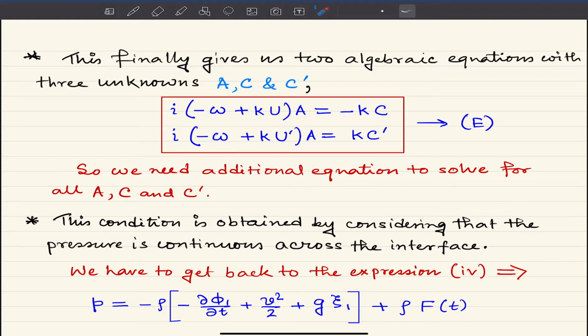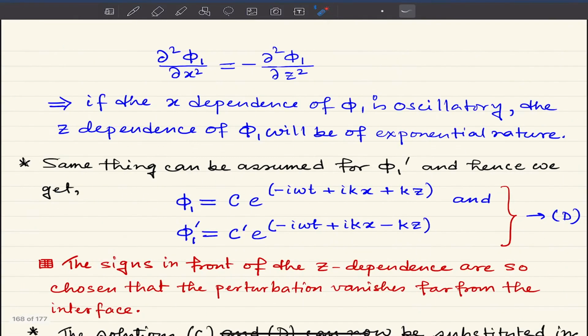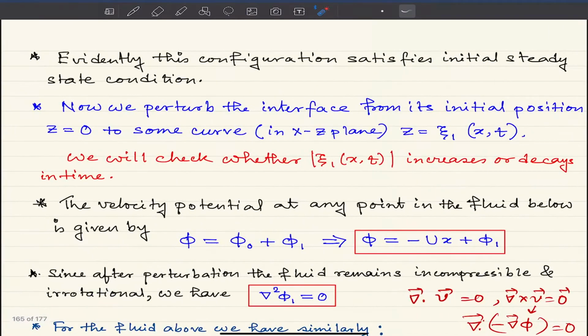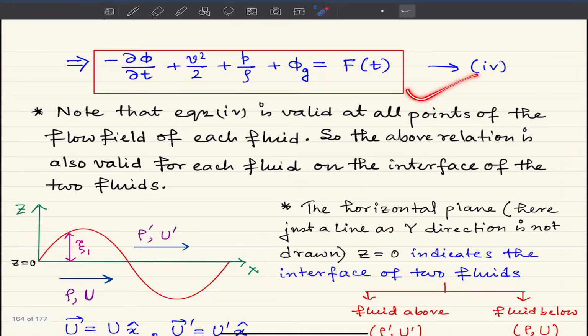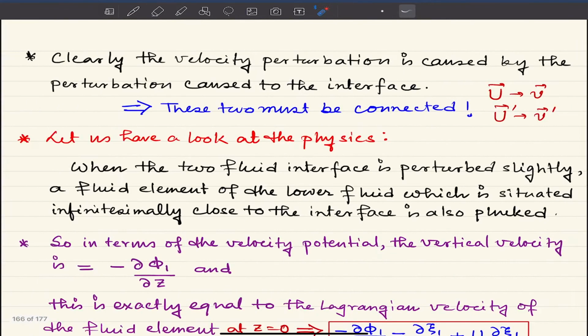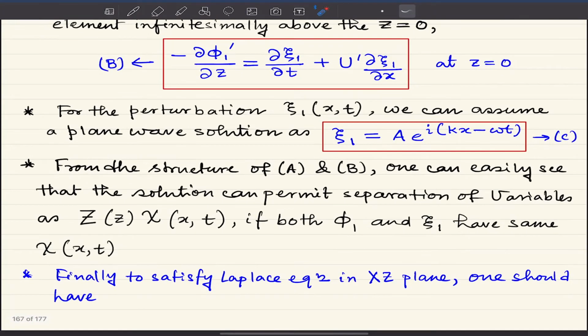So the pressure should be continuous, and then we have to look back at when we derived some generalized type of Bernoulli theorem, in equation Roman 4. We said that this is true for any points in the flow field in our case, because the vorticity is identically 0 for this fluid.